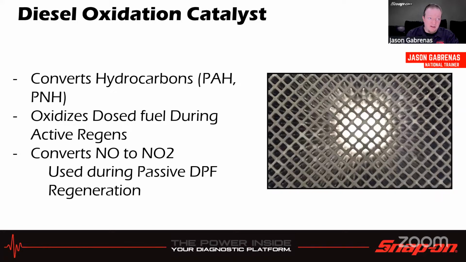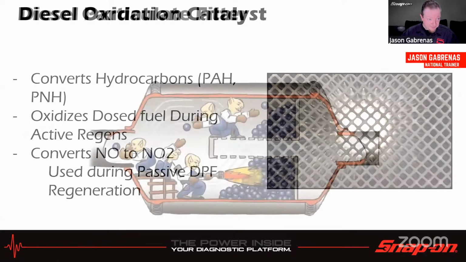So the diesel oxidation catalyst is going to convert hydrocarbons, and it oxidizes dosed fuel during active regens as well, and then converts nitrous oxide to oxides of nitrogen. That is used during passive DPF regeneration.